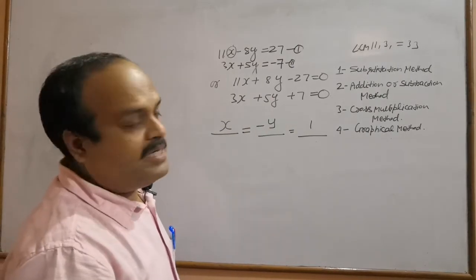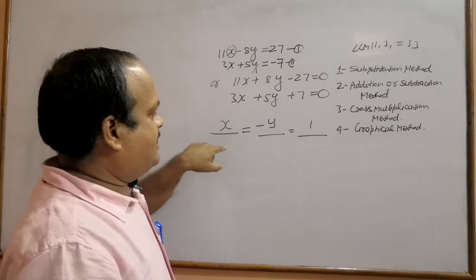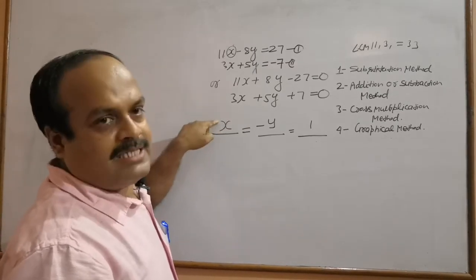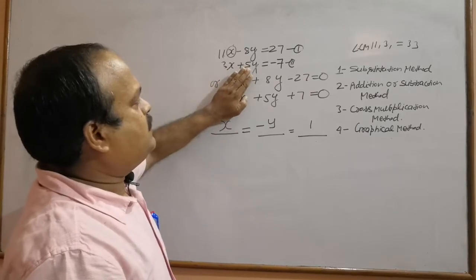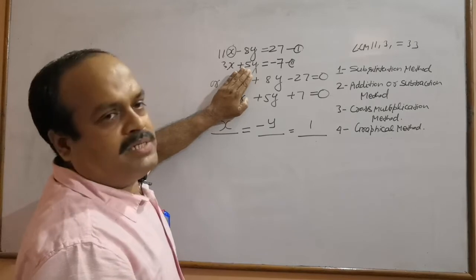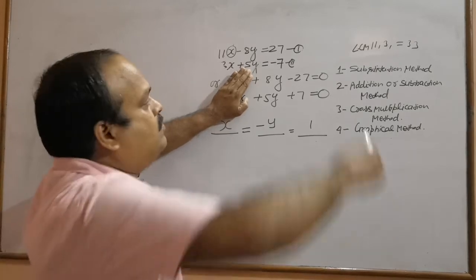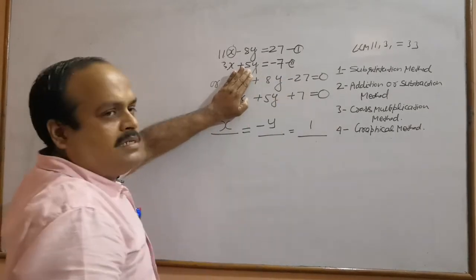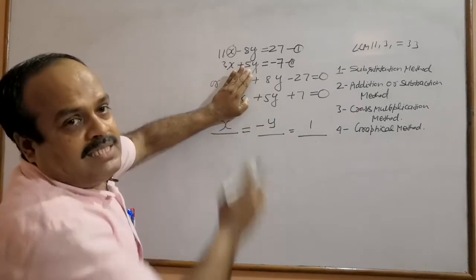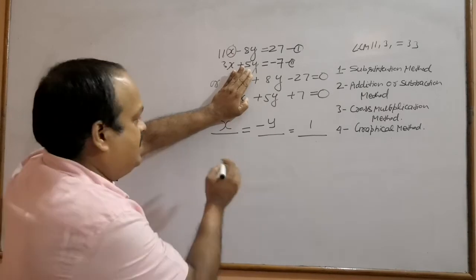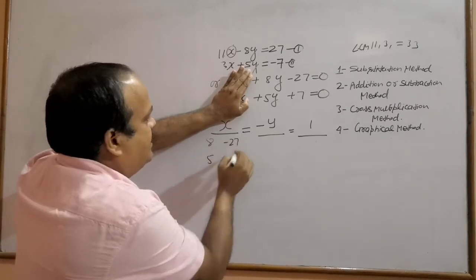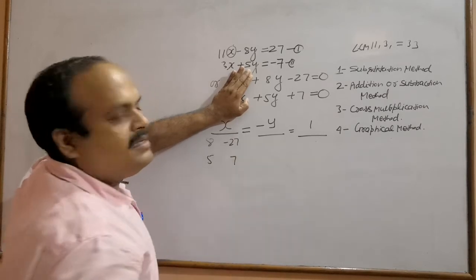How do we write the denominators? To write the denominator of the fraction with x, I need to cover the x terms. Then copy down the coefficients, only numbers as they are, without changing the sequence: 8, 5, minus 27, 7.